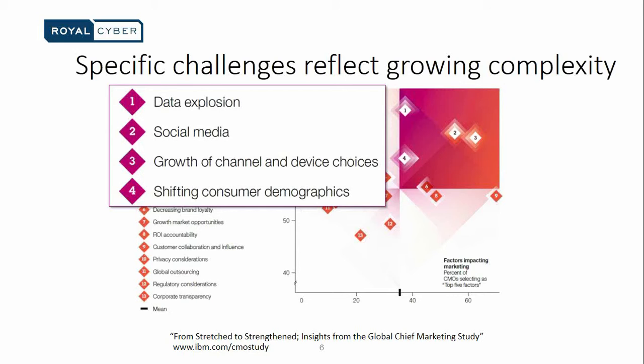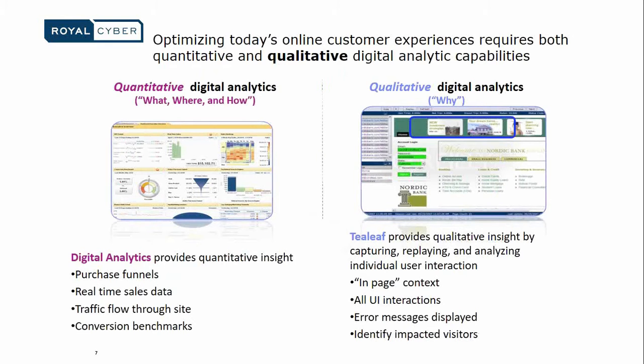So this is where quantity versus quality differs. With quantity, we can identify what exactly the users are doing, where they are coming from, and how they are interacting with my website. You can have a lot of reports, like funnel reports. There are also tools in the market where you can see in real time how many people are accessing my website at any point of time, which region they are from, and how many are converting.